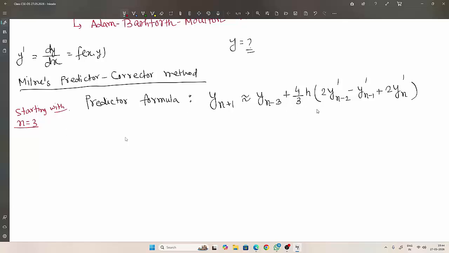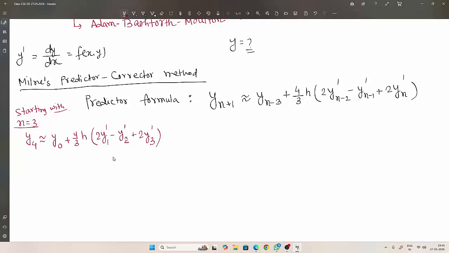And what formula will you get here? If we put n equal to 3 in this equation, what are we getting? y of 3 plus 1, that is y4, is approximately y of 3 minus 3, which is y0, plus 4h by 3 into 2y of 3 minus 2, which is y1 dash, minus y of 2 dash, plus 2y of 3 dash.